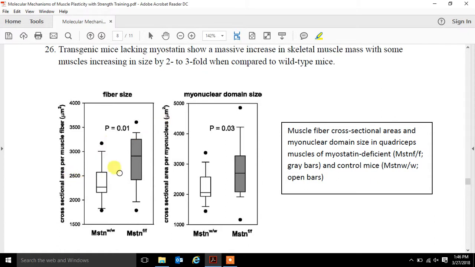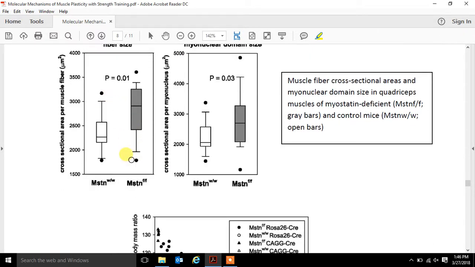We can see pretty significant increases in muscle fiber size in these deficient mice. They lack myostatin, nothing else. They're not trained, just lacking myostatin. We see this profound increase, greater in some cases than what you'd see with resistance exercise training in these animals.